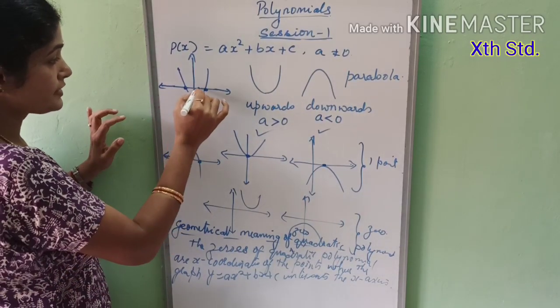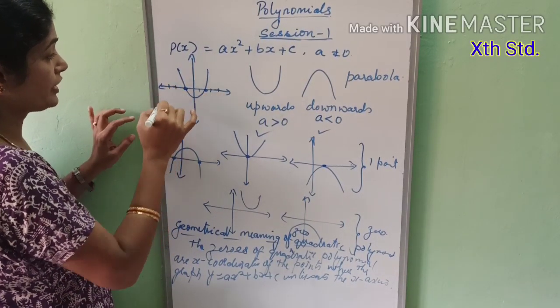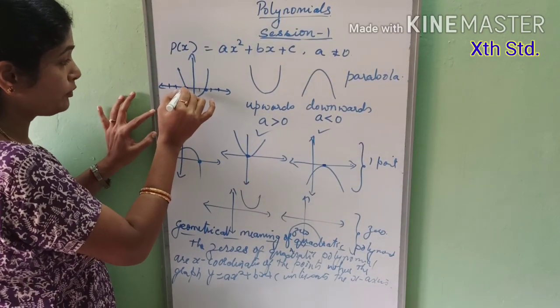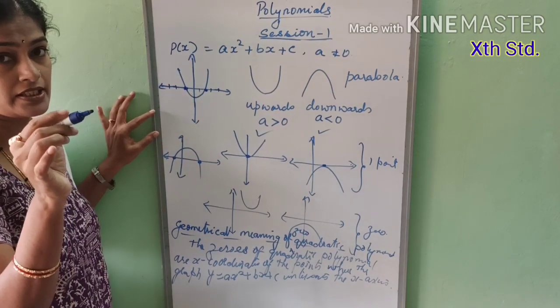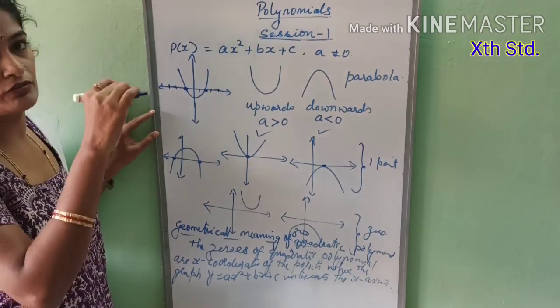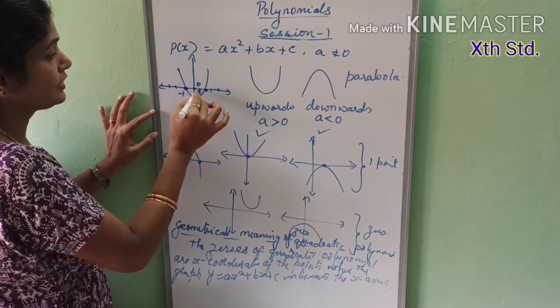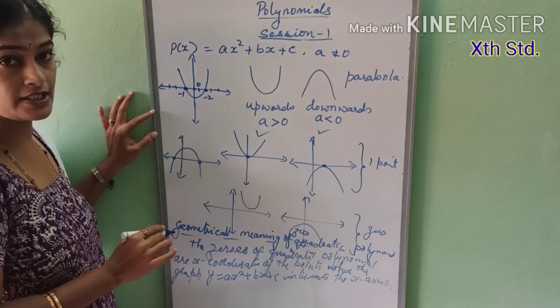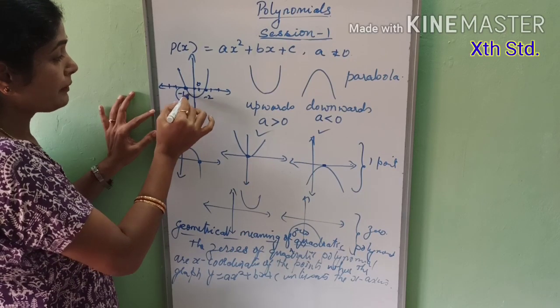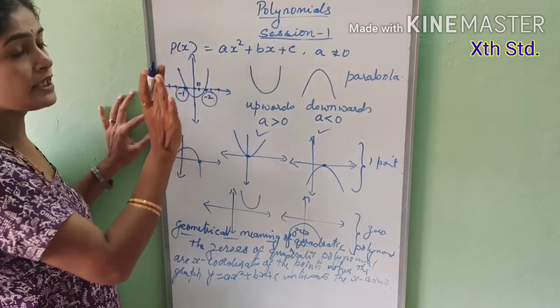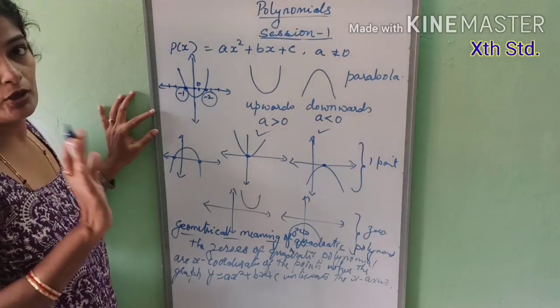Now, if this graph is scaled and we are drawing it, you can tell at what point it is intersecting, and that point is the zero of the polynomial. Suppose this is 0, this is -1, this side is -2; if you are plotting like this, then I can say -1 and -2 are the zeros of the given quadratic polynomial.